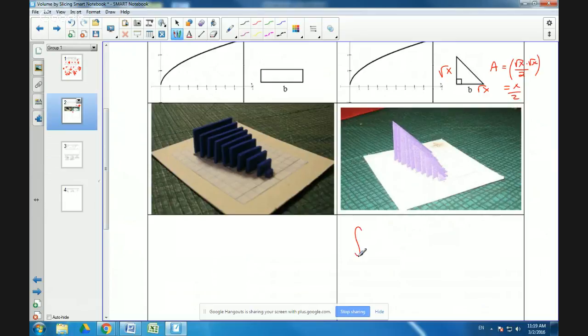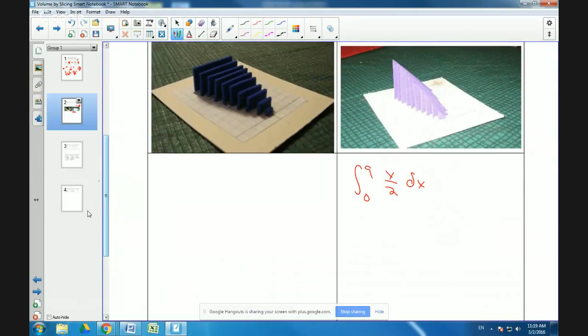So we do integral 0 to 9. I think 20.25 works. Our estimation was like 22.